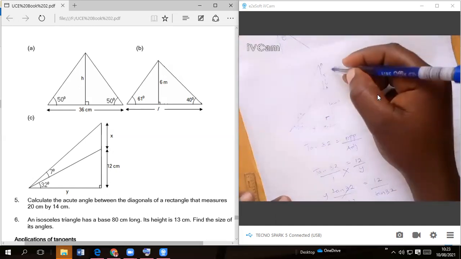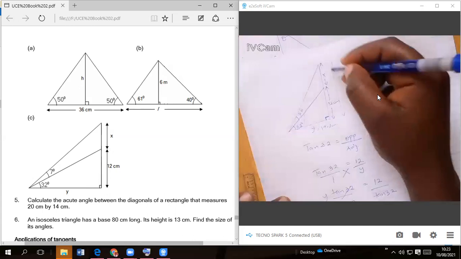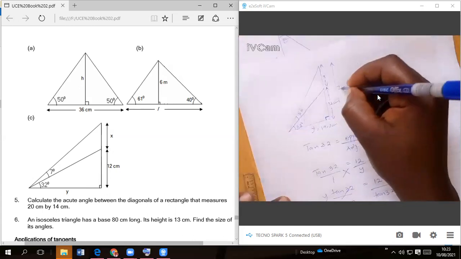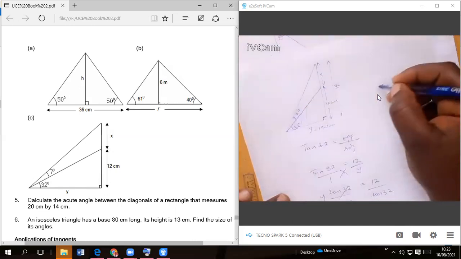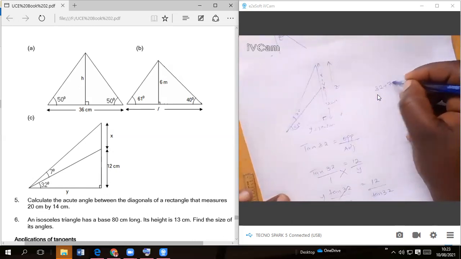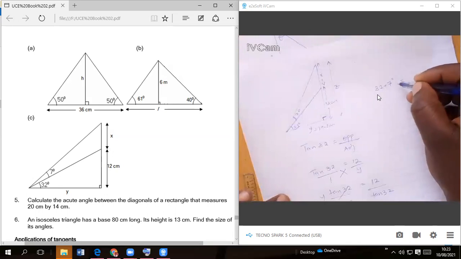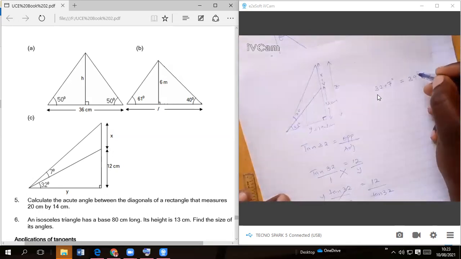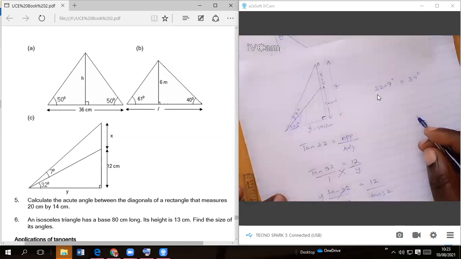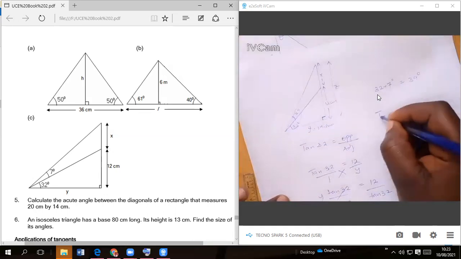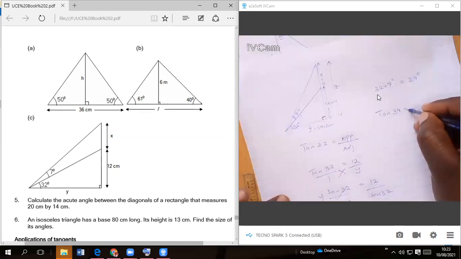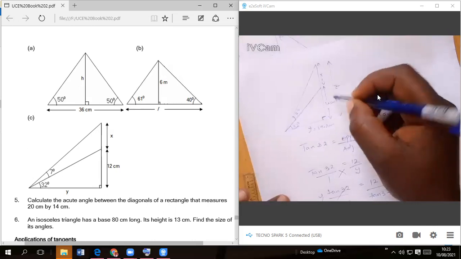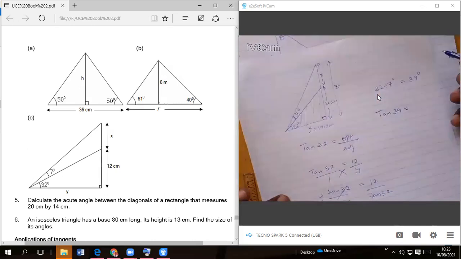So to find x, we need to first find the whole of this distance. Let us call it z. Now we have to add these angles, and we have 32 plus 7, which is 39 degrees. So we shall say tan 39 equals the opposite, which is z. You can say z or you can say x plus 12.